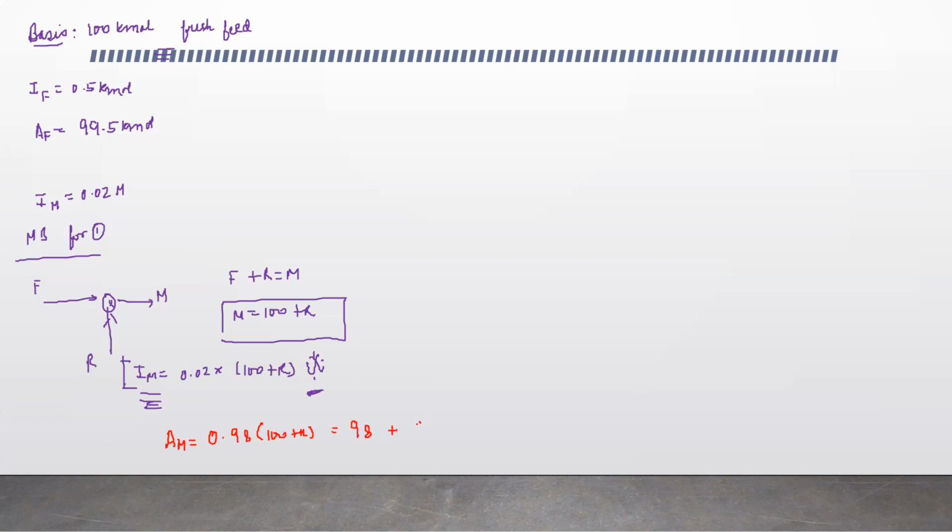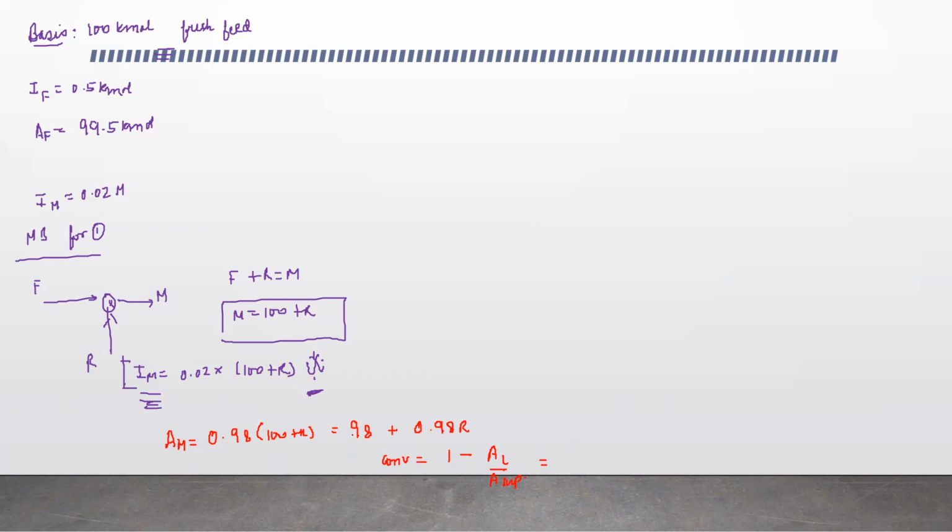So 98 plus 0.98 R. Okay. Now the per pass conversion is 60%. All right. So conversion, as we know, is 1 minus A left upon A supplied or A fed. So A left, we don't know.